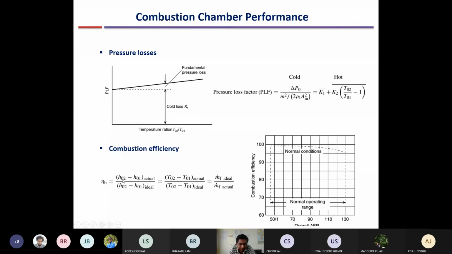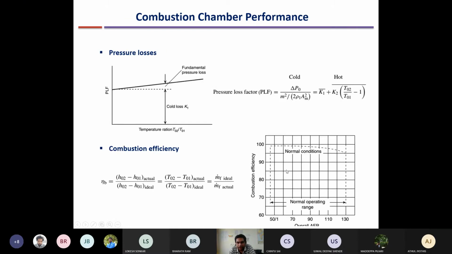It can also be written as a ratio of the ideal mass flow rate of fuel to the actual mass flow rate of fuel. Because the ideal mass flow rate of fuel will be less, since it releases more heat, and the actual mass flow rate will be more. We can also define it like this.